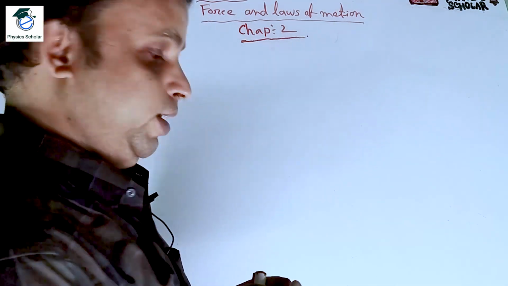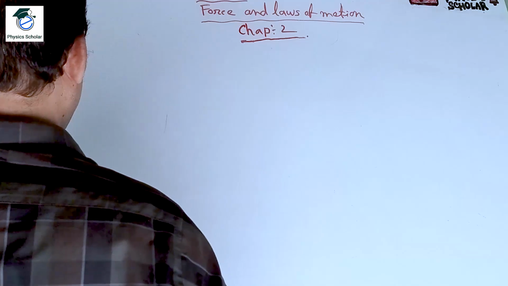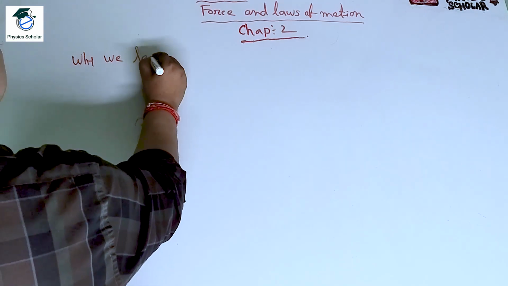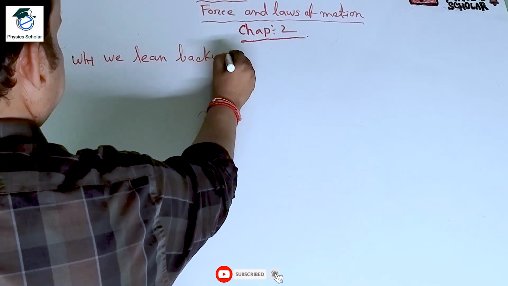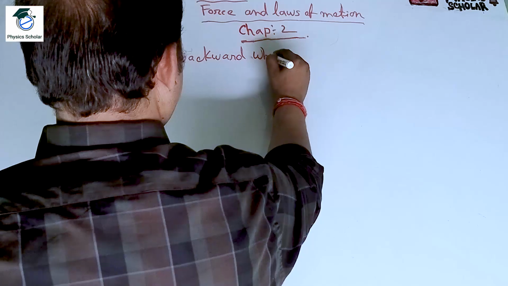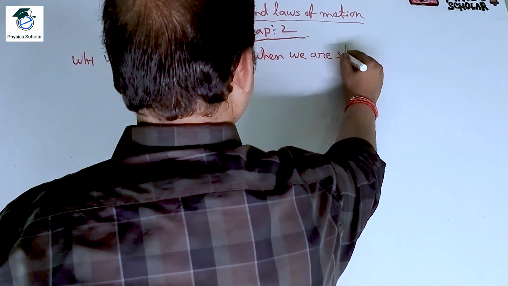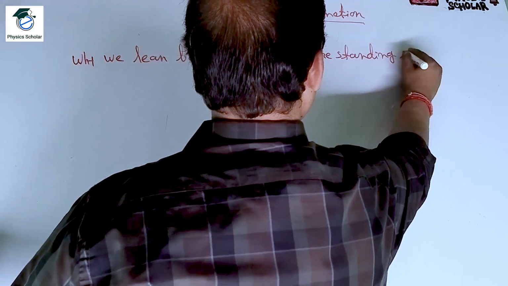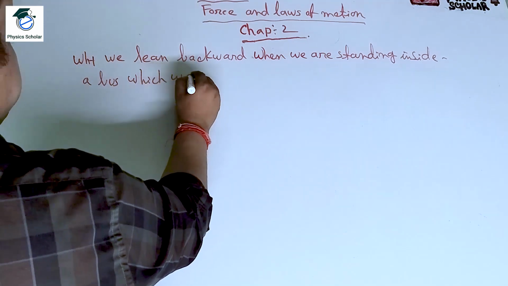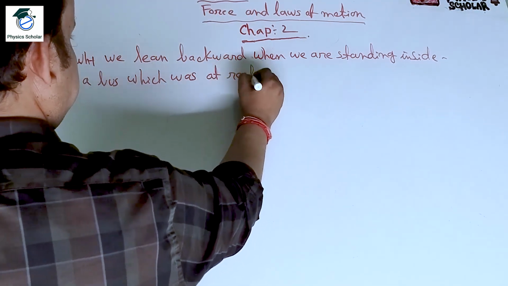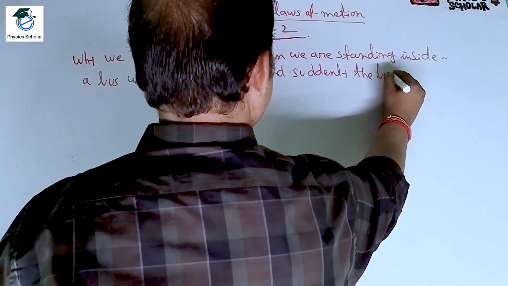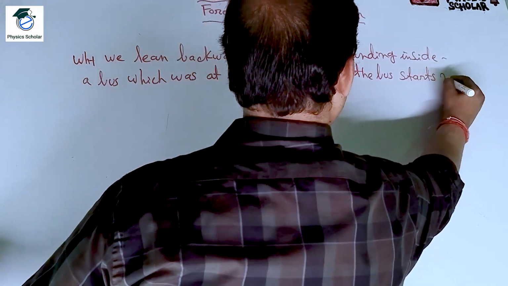Why do we lean backwards when we are standing inside a bus which was at rest and suddenly the bus starts moving?